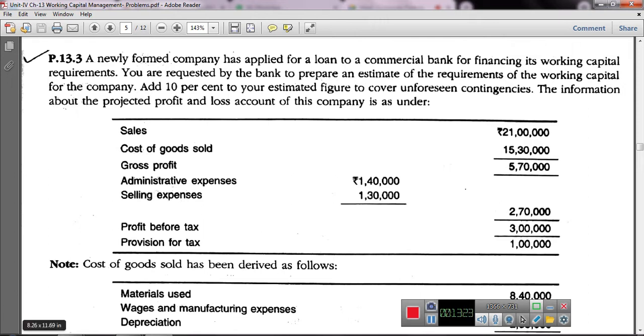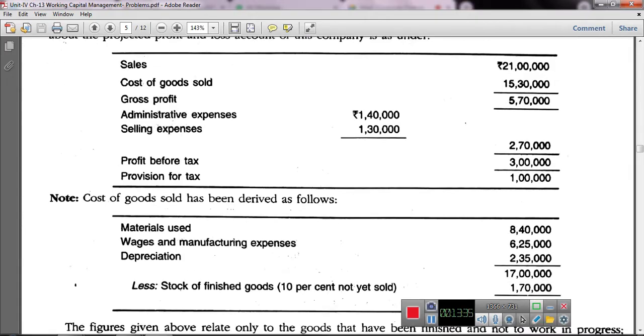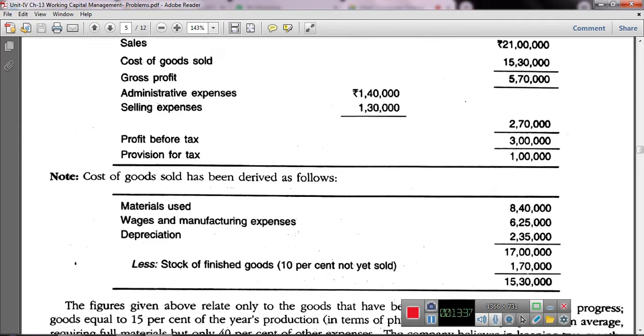There is a note here. Cost of goods sold has been derived as follows. This 15 lakh 30,000 rupees cost of goods sold, how the company arrived at it is explained here.